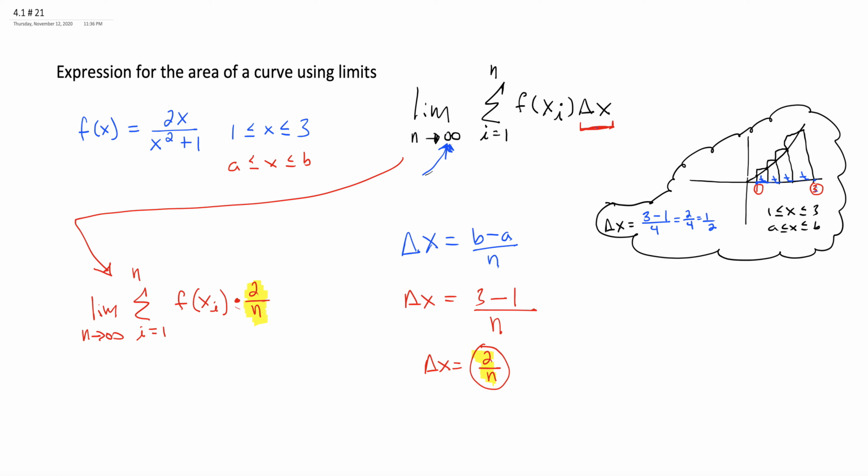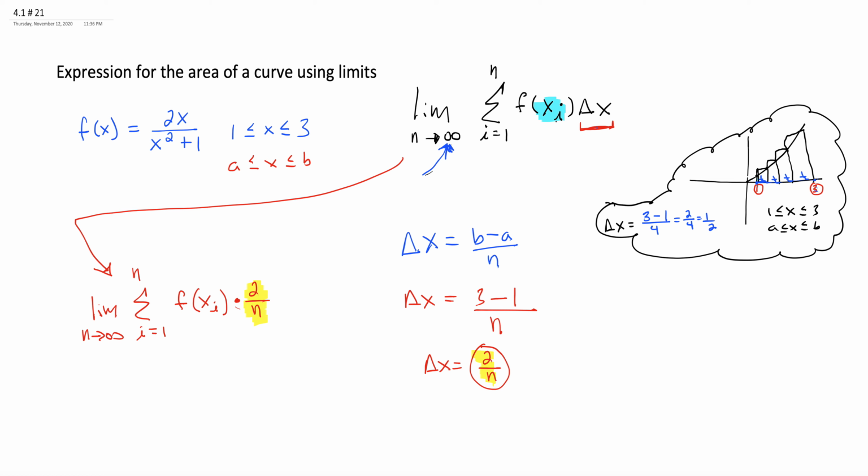Before I continue, this xi right here, in case I didn't mention it, represents the input that corresponds to your height. So that's going to represent what you would be putting into the function that would yield the height of your rectangle.